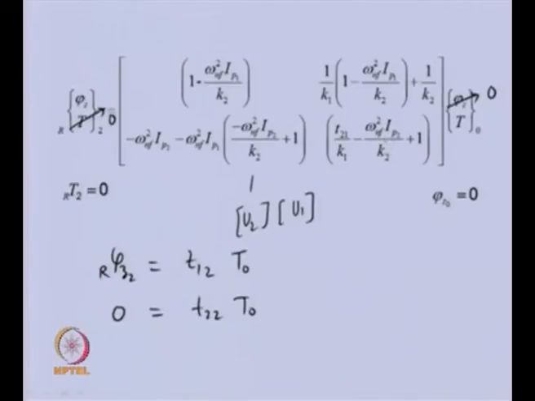You can see that for the second equation, because this cannot be 0 at the fixed end, we need T22, which is a function of the natural frequency, to be equal to 0. So we equate this quantity to 0, and that will give us the natural frequency of the system.